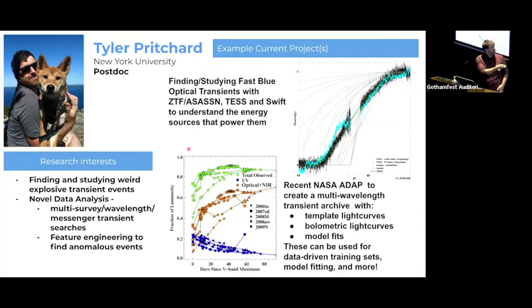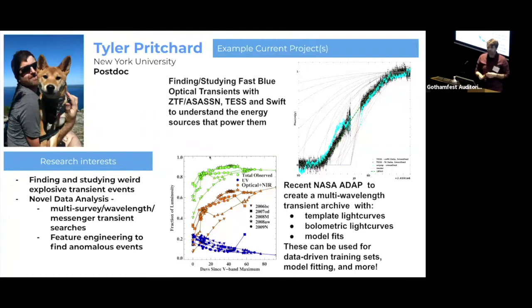But the other cool thing that we've seen with these is that while they are supernova with bonus physics that are weird, they're actually much weirder in the UV and in some ways the near IR than necessarily the optical. So we recently got some money to actually create a multi-wavelength transient archive, not for just FBOTs, but for all transients that we can find, to get as much UV plus optical data and throw in some near IR where it's available. So we have as much of a flux complete archive as possible.